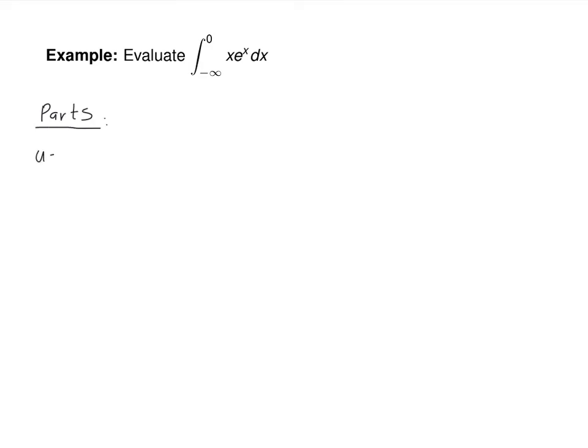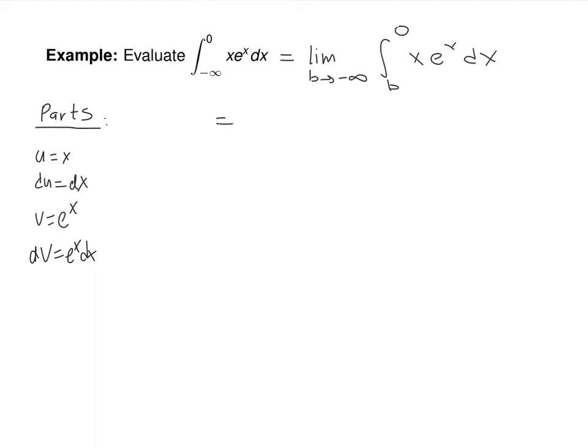We'll let u equal x, dv will equal e to the x dx, making du into dx and v into e to the x. So this is the same thing as the limit as b goes to minus infinity, with lower bound b, upper bound 0.